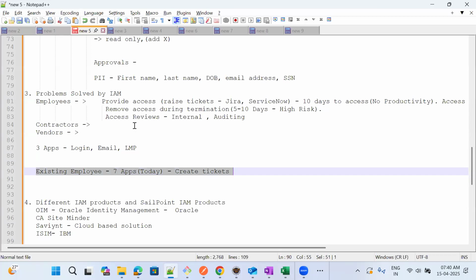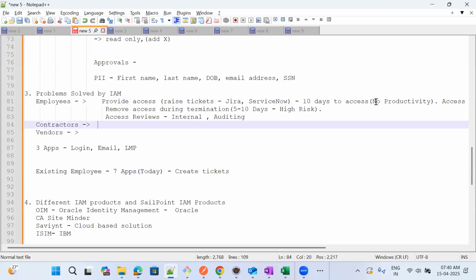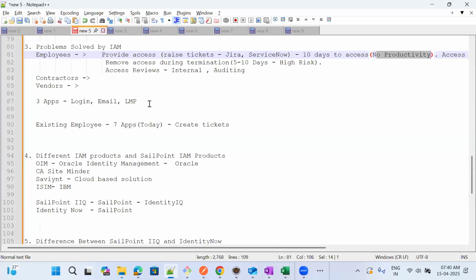You can see the problems clearly. One is the problem with productivity, where there is a delay in providing access to the employees. The second is the delay in removing access, and the impact here is very huge. Now we know the seriousness of the impact when we don't remove the access on time.